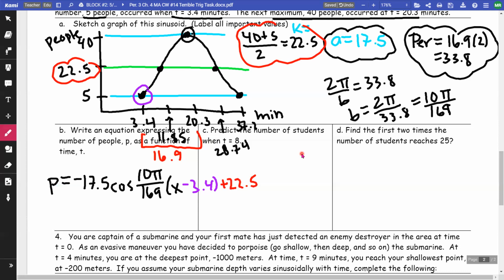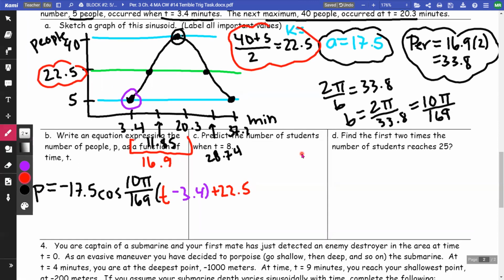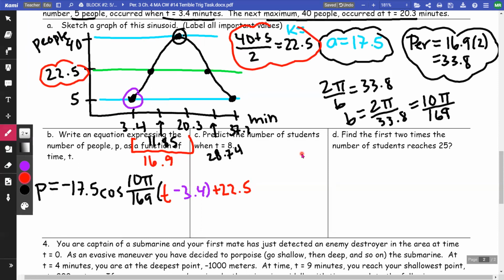So that's your equation. And actually, sorry, they wanted us to put a t here for time instead of an x. Okay, that's your equation. Now it says predict the number of students when t equals 8. So we're going to be putting 8 in for t.